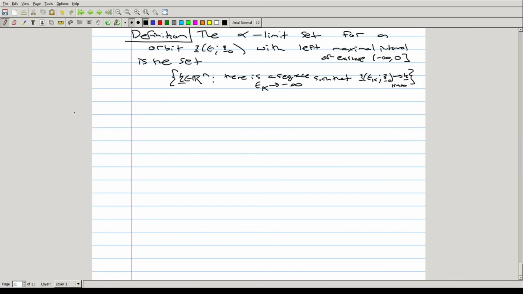But what we can go through and prove, this is done in the book, is a slightly weaker theorem than before, because it applies to more general cases.